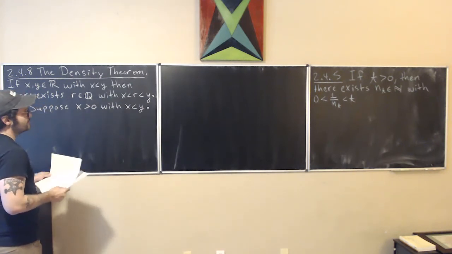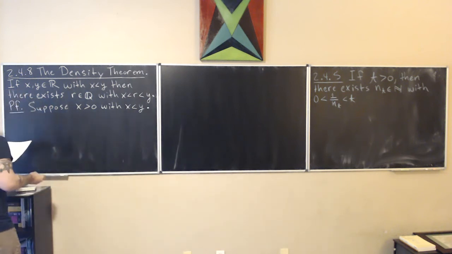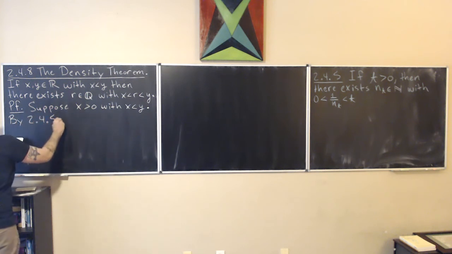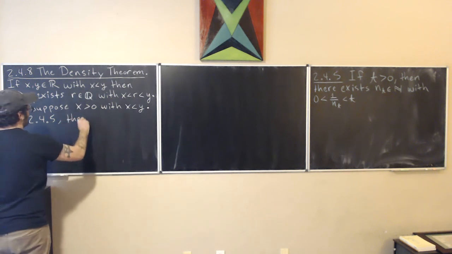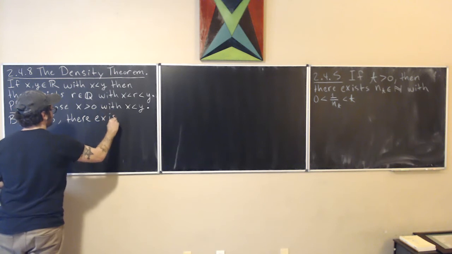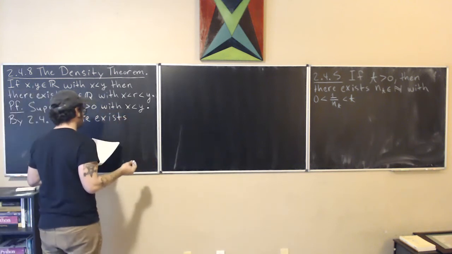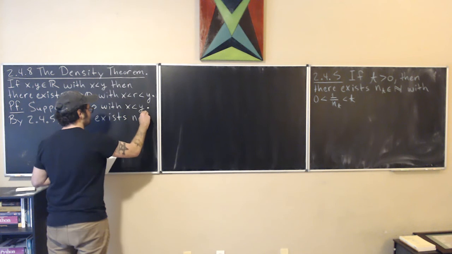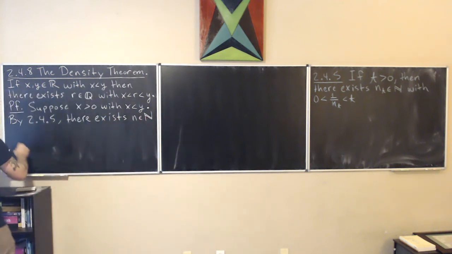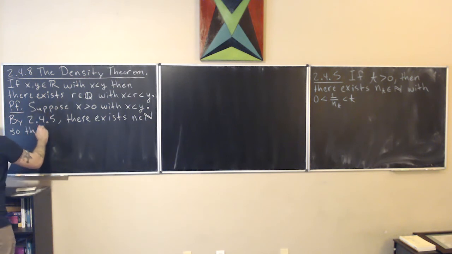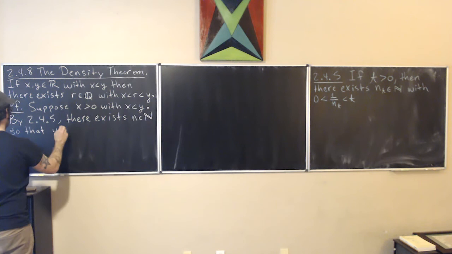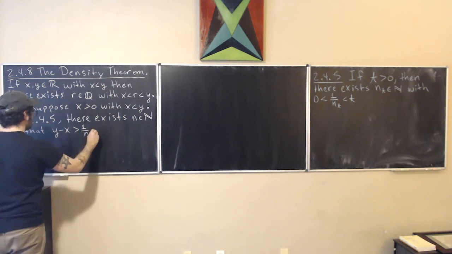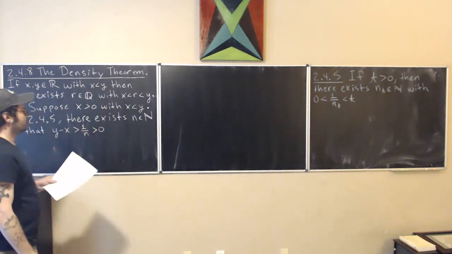Okay. So by 2.4.5, there exists some natural number, I don't know, n, so that y minus x is greater than 1 over n, which is greater than 0. So why is that the case?